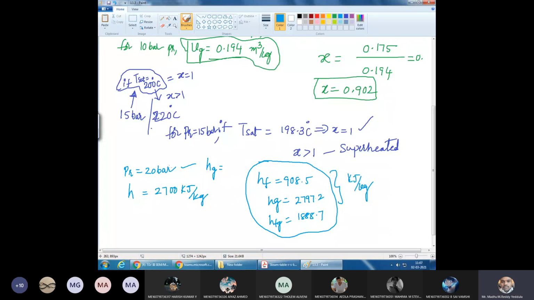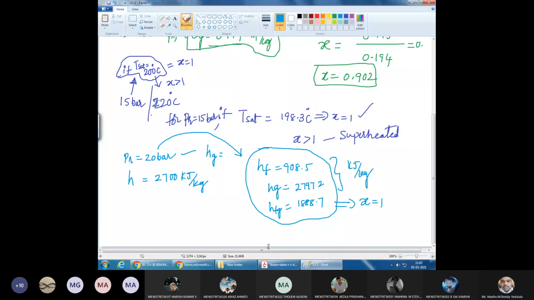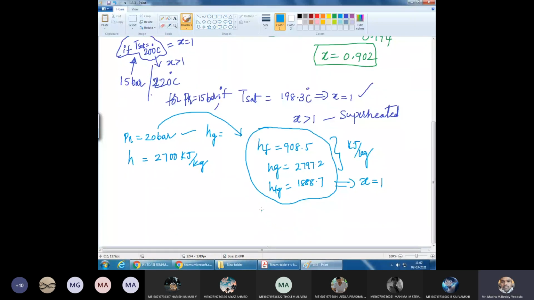It is corresponding to 20 bar pressure, saturation condition. Means these are all values corresponding to dryness fraction 1, yes or no? By using these data, I am calculating the total heat required. So H is equal to HF plus X into HFG, X is equal to 1 for this condition.